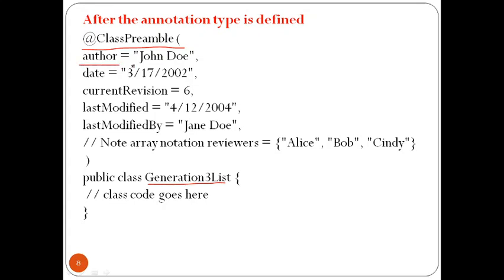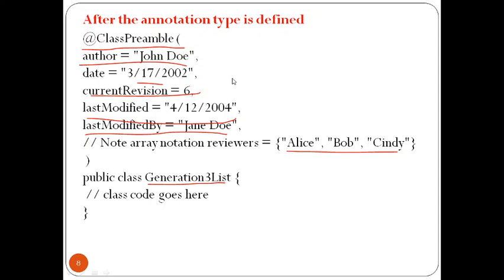Author is equal to John Doe, date, current version, last modified, and by which particular author it was modified. All that information I have provided, and I also mentioned who the program reviewers are who reviewed my program, their values also. So like this, before the program, whatever information about the program I want to provide, I have provided by using this particular Java annotation called @ClassPreamble.